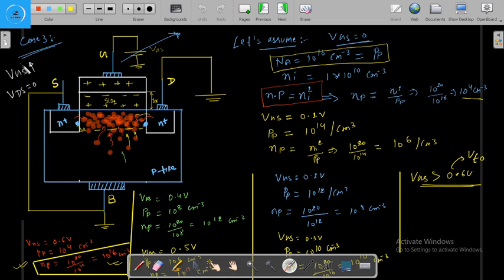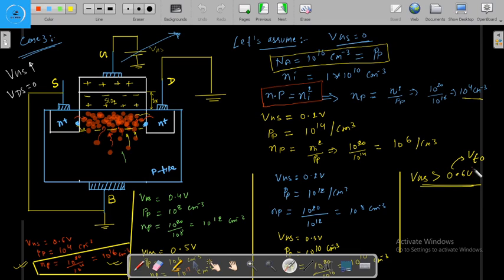Now we have seen our third case, in which we are increasing the VGS and making the VDS equal to 0. In this process, when we are increasing the VGS, more and more electrons from the source and from the drain are coming near the SiO2 interface, and hence when this voltage VGS is greater than a particular voltage, called the threshold voltage, the inversion layer is formed here, and we can say that the channel is created.